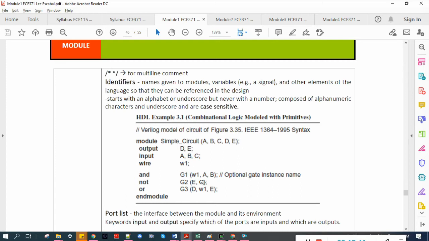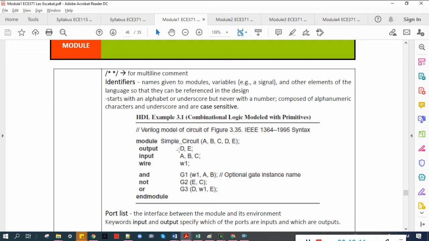Notice that every command is separated or followed by a semicolon. Just like here, after the module name and the ports list, there's a semicolon.